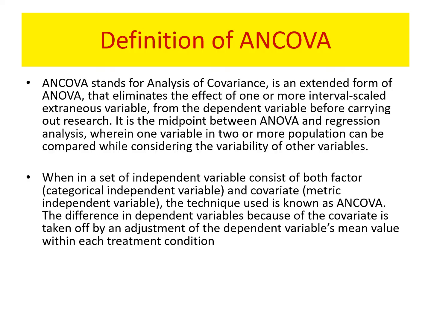The metric is the measurable variable, and the categorical variable can be enumeration values. So the technique used is known as ANCOVA. The difference in the dependent variable because of the covariate is taken into account by an adjustment of the dependent variable's mean value within each treatment condition, and that is ANCOVA.